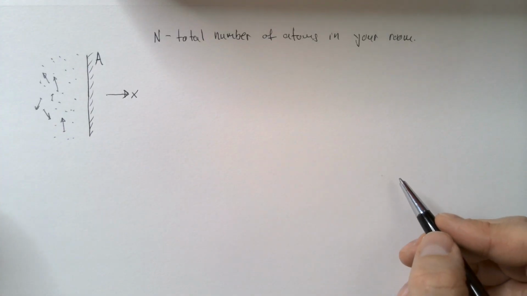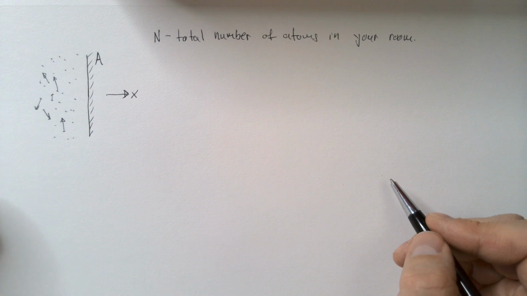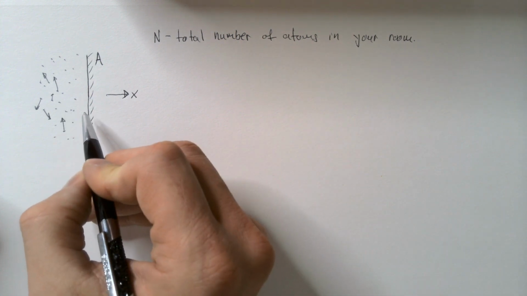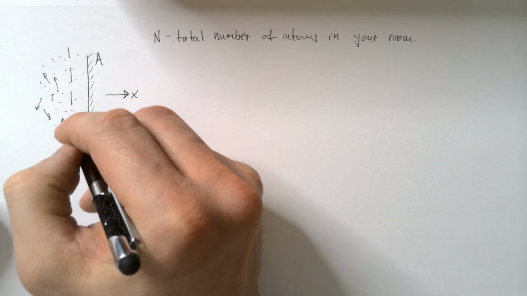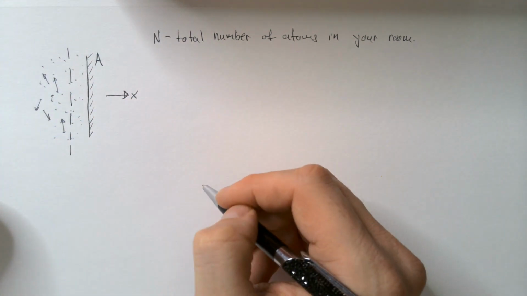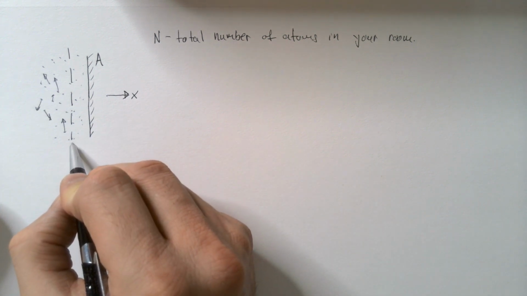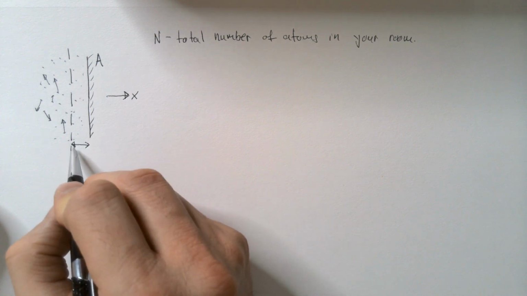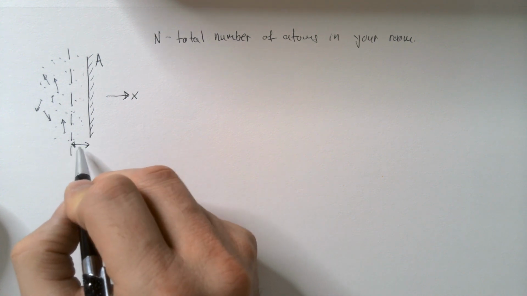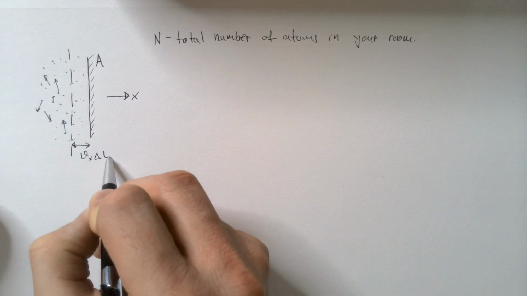In time delta t, only those atoms that are moving towards the wall and are this far away from the wall will hit the wall. Now the question is, what is this far away? Clearly, this distance is Vx delta t.